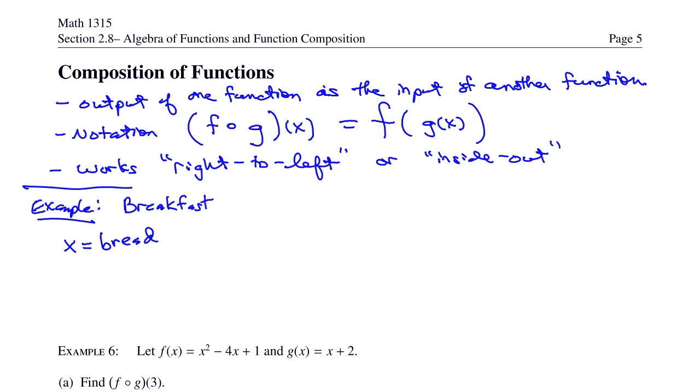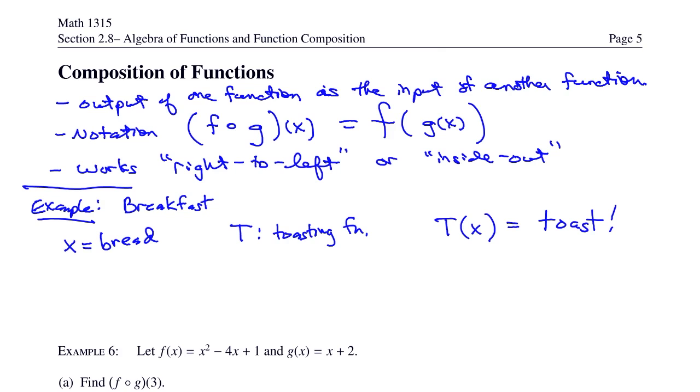You toast it, right? So t is going to be the toasting function. What is the input for the toasting function? Bread, right? So t of x is you take bread inside the toasting function, and what do you end up with? Toast. You end up with toast.